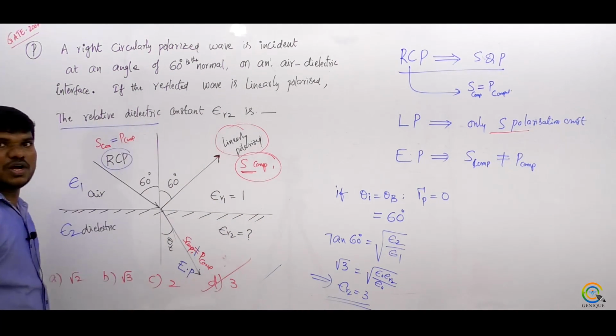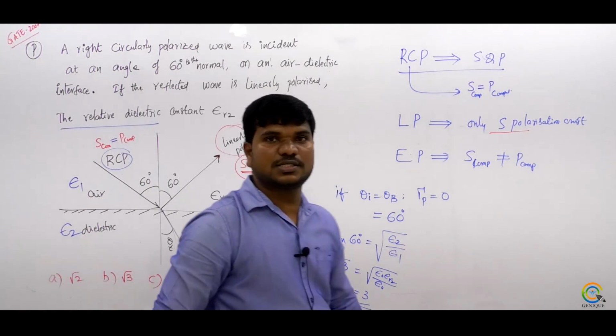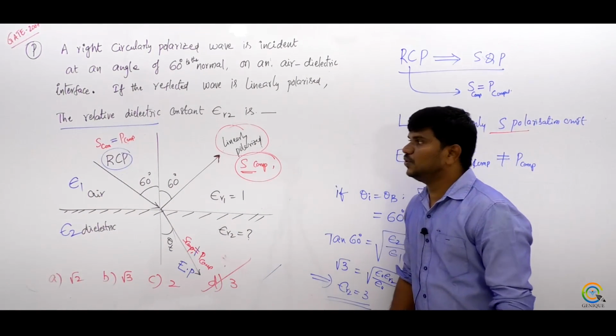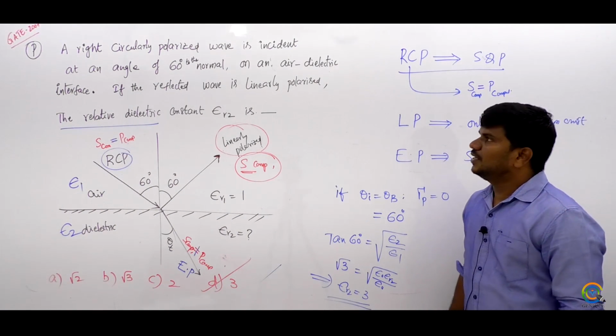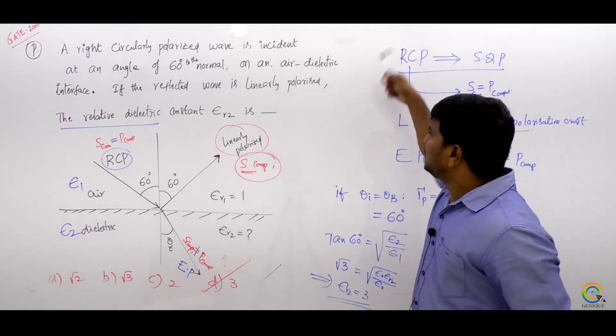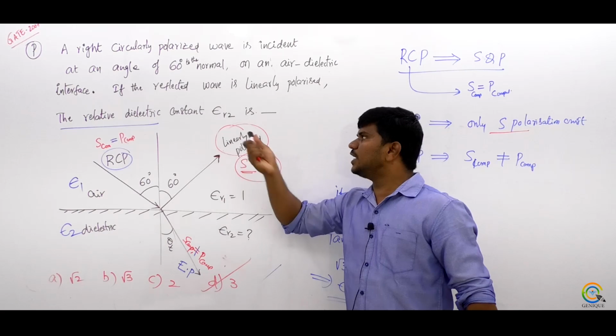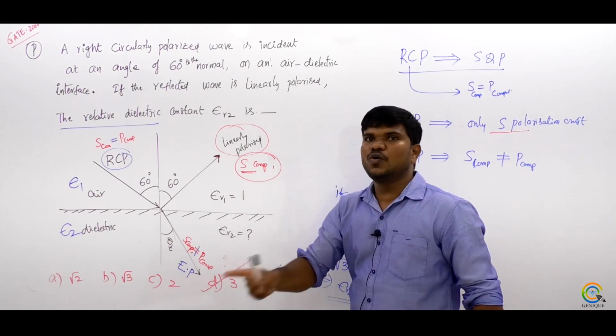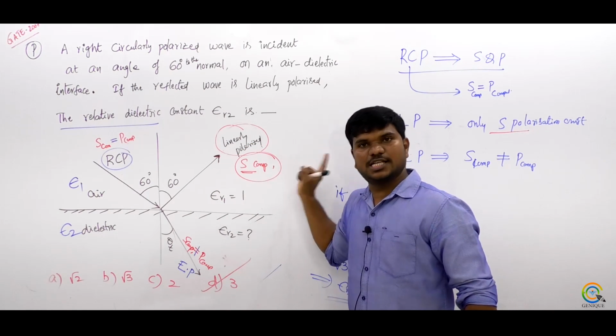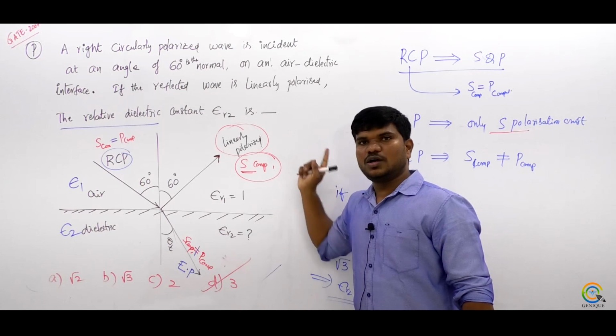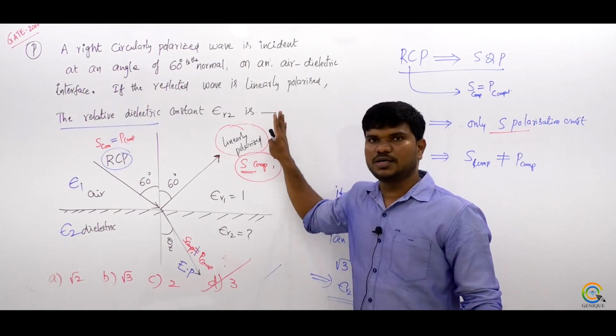So like this, you have to solve these kinds of questions. I hope you got this. Okay. So if you know this concept, it is 1 minute. If you see that it is only a linearly polarized wave, meaning only one polarization is existing, S polarization only, so the P polarized wave is blocked.